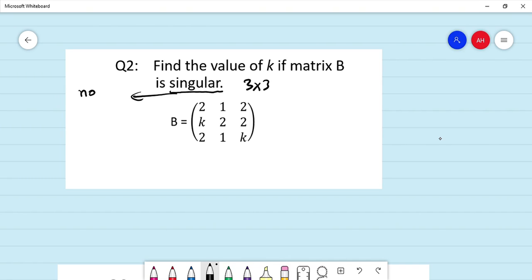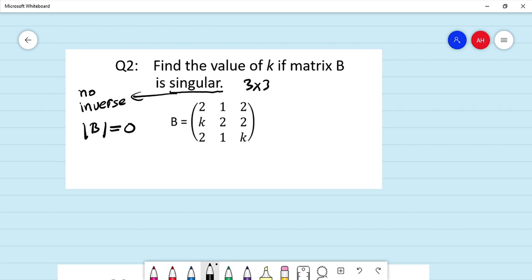Singular means no inverse. Now, how about the determinant? Yes, the determinant of B must equal to 0. Alright, so now let's try to find the determinant of matrix B.